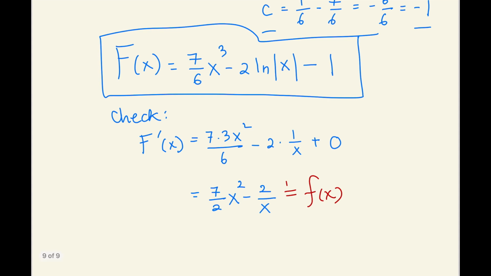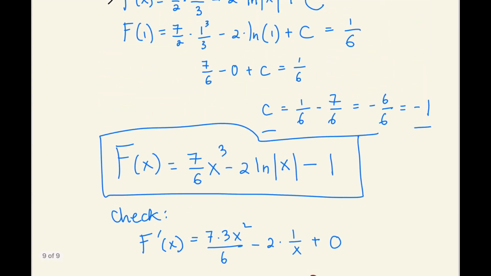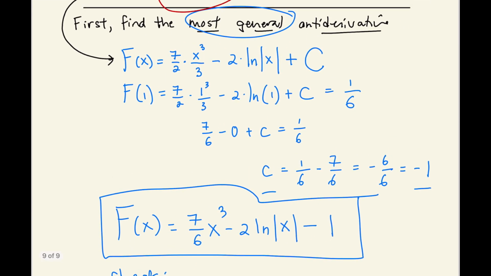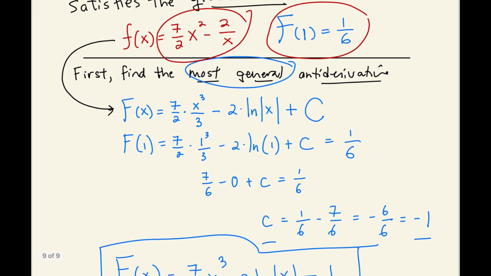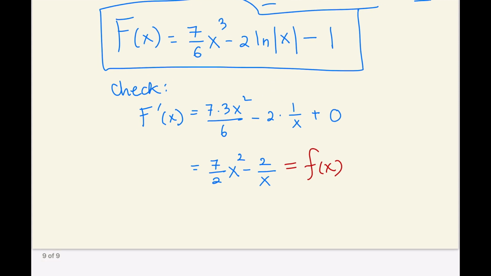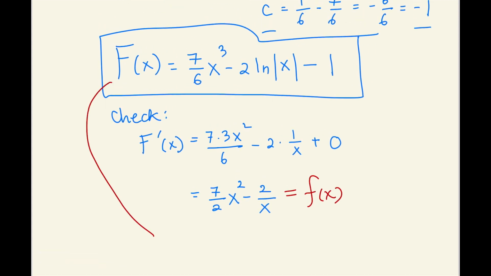And also we note that I just double check if I plug 1 into my antiderivative, do I get 1/6? So I'm also going to check that too. So is F of 1 equal to 1/6?